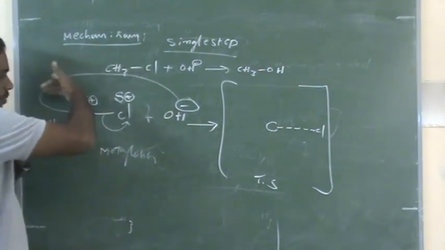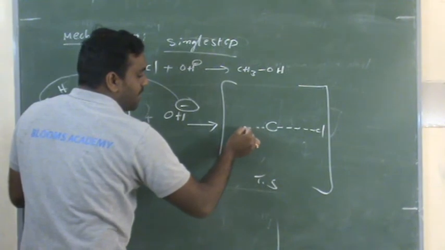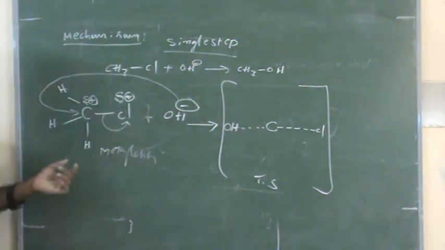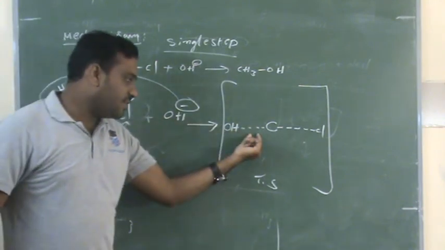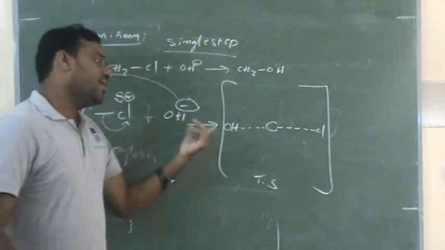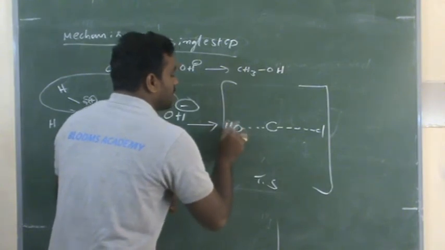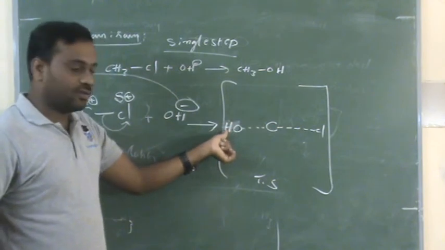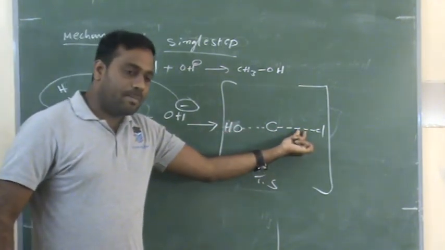When it approaches, and a partial bond breaking happens, simultaneously there is a partial bond formation between the nucleophile and carbon. Keep in mind, this is a partial bond between the carbon and oxygen, not oxygen and hydrogen. Partial bond forming here, partial bond breaking here.